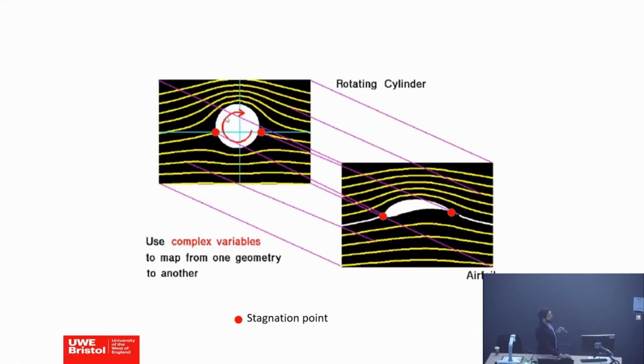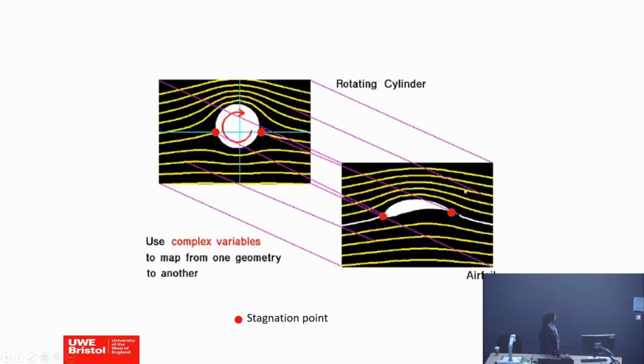We can't do it with airfoils. So this trick maps this solution to that solution. Yeah? And it does it all mathematically. So we get this solution about an airfoil. So actually, the cylinder becomes an airfoil, and you get two stagnation points for the airfoil, one at the front, which actually that's true, and one at the trailing edge.